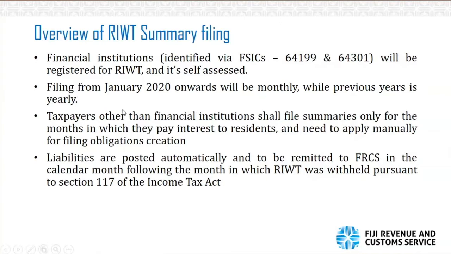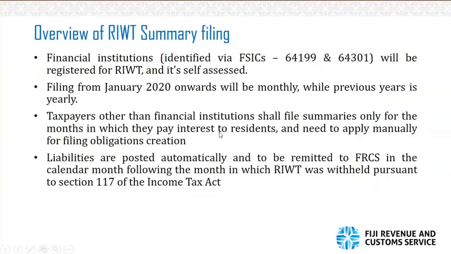Now, on this online system, taxpayers other than financial institutions can also file summaries, only for the months in which they pay interest. So other non-financial institutions who have paid interest to residents and withheld this withholding tax need to apply manually for their filing obligations to be created, and then they'll be able to file these summaries.